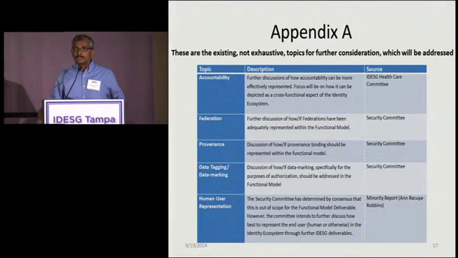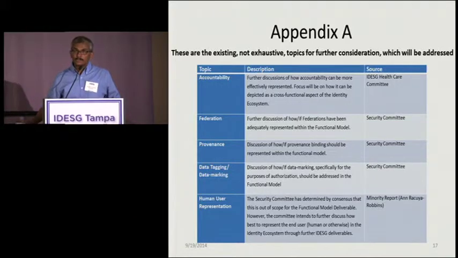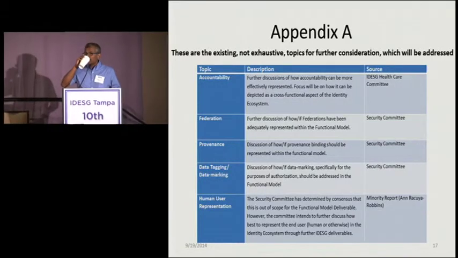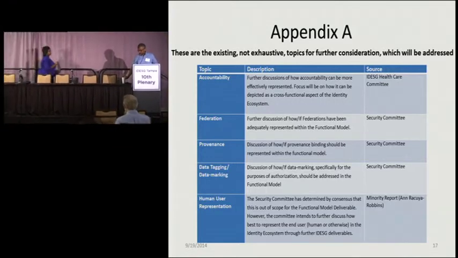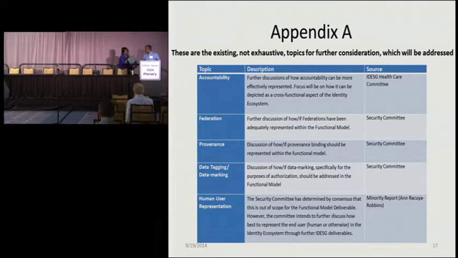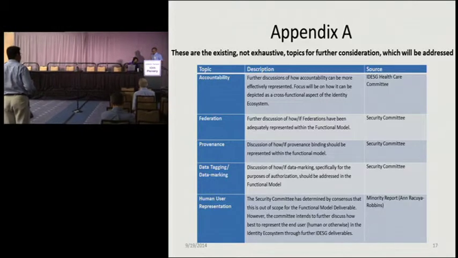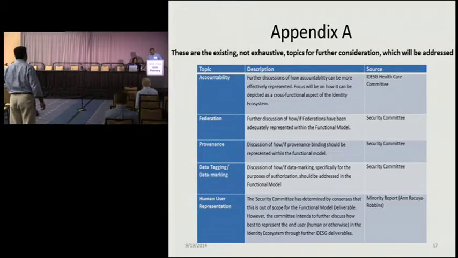Hey, Jeremy. So just following up on the conversation a lot of folks have had, including what Jamie had just mentioned before, keep in mind this is a version 1 to support version 1 of an identity ecosystem framework, which is what we've all scoped out in the strategic plan that this group needs to tackle. This is a big, hairy problem that we're trying to solve with internet identity.